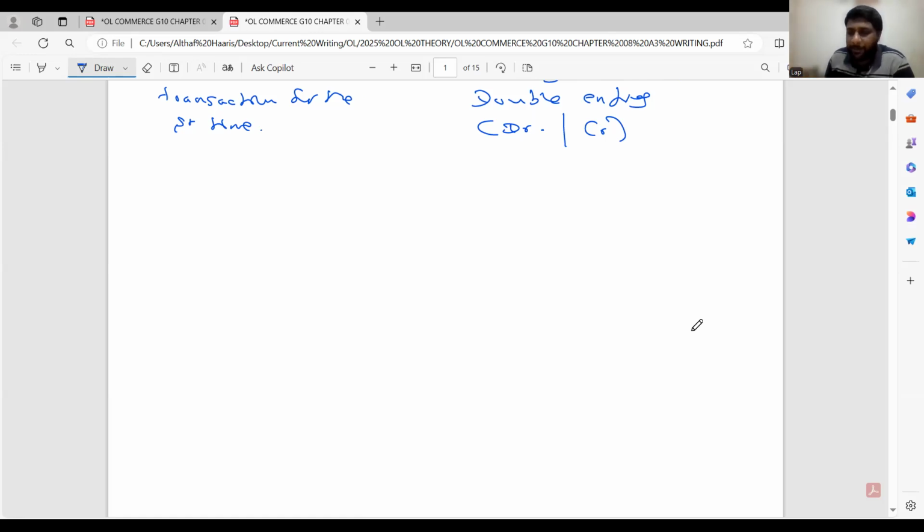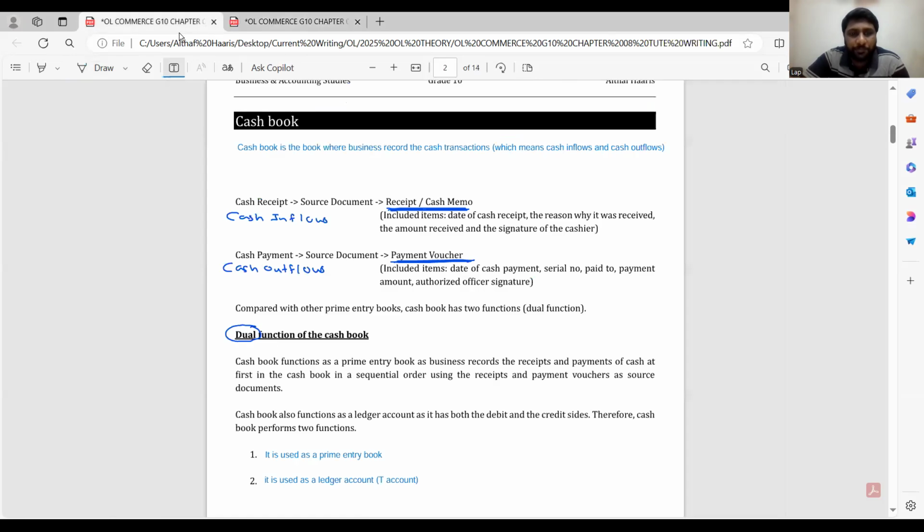One is that it is used as a prime entry book, and it is used as a ledger account, T account. Good. That is the dual function of a cash book.